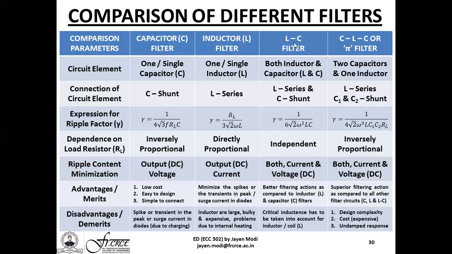For LC filters, again, problems by the inductor still remain, but here, while designing the components L and C, we also have to take into account the critical inductance so that the current can be smooth. For the CLC or the pi type filter, they use slightly more components. The design becomes complex. The cost, no doubt, is high, and they have a slightly oscillatory response, also called an undamped response, meaning the voltage takes a bit of time to settle down.